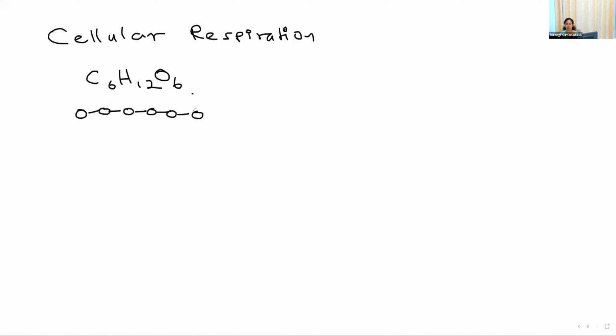We are going to undergo a catabolic reaction and break down the 6-carbon compound until it becomes 1 carbon dioxide. This is not the balance equation, no? But the main thing is to break down glucose until it becomes 1 carbon dioxide. So you're going from 6 carbons to 1 carbon.